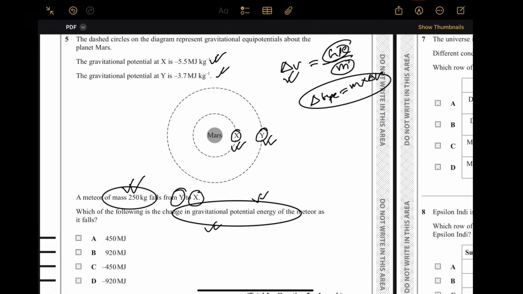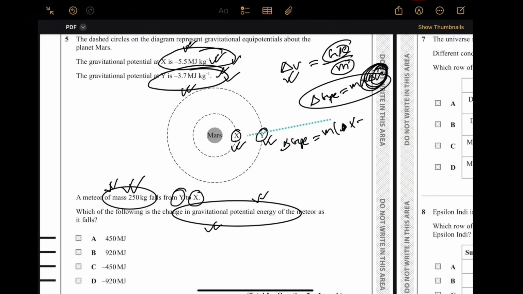They have the same mass, but the V is different, one is this and the other is this. So we can write del GPE equals mass times del V, let's say x minus y. Del V means the potential at x minus y.